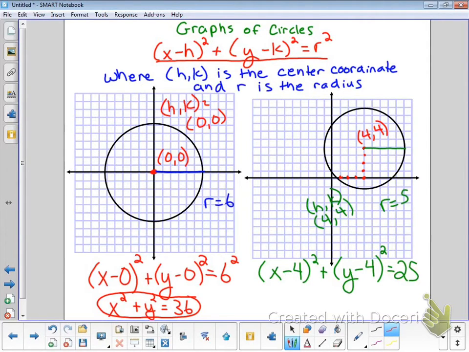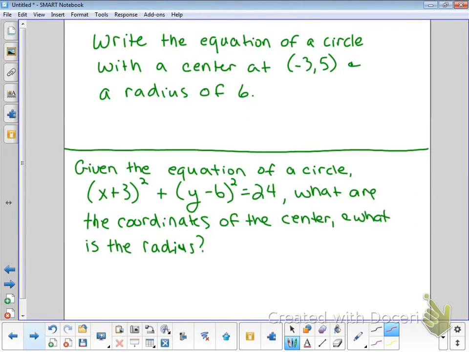Now to see a couple of question types you might get, here it says write the equation of a circle with a center at (-3, 5) and a radius of 6. So we know that the formula is (x minus h) squared plus (y minus k) squared equals r squared.